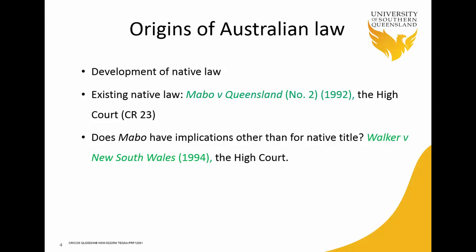Then Captain Arthur Phillip realized that Botany Bay was unsuitable, so they moved a few kilometers north to Port Jackson, on the 26th of January, which of course became what we celebrate today as Australia Day.